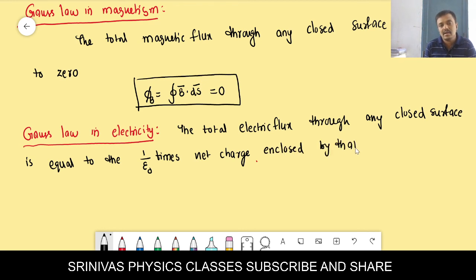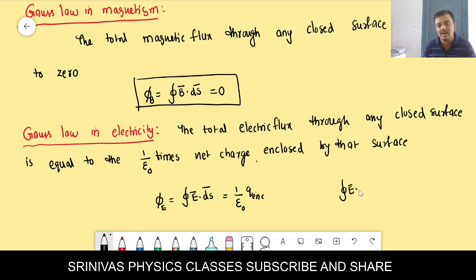This is the Gauss law in electricity. Electric flux phi suffix E is equal to integration E bar dot dS bar. The total electric flux through any closed surface is equal to 1 by epsilon naught times the charge enclosed. Simply, we can also write integration E bar dot dS bar is equal to Q by epsilon naught.